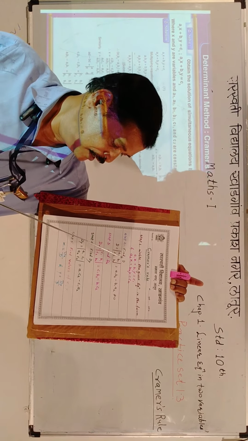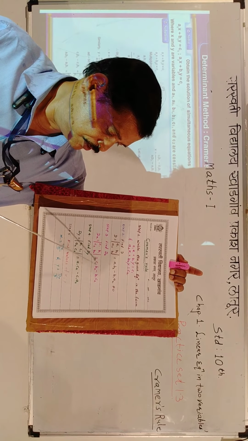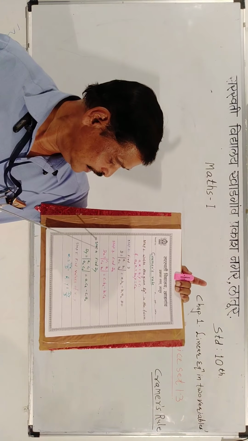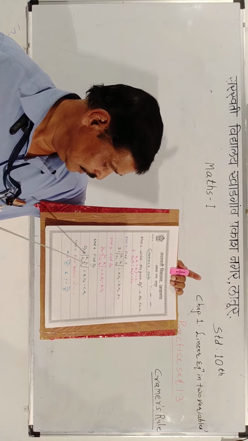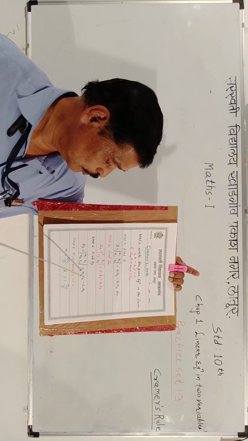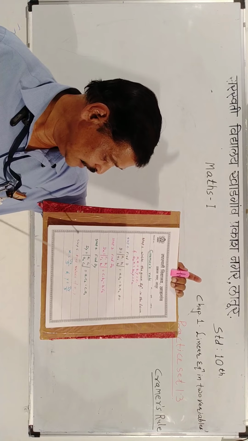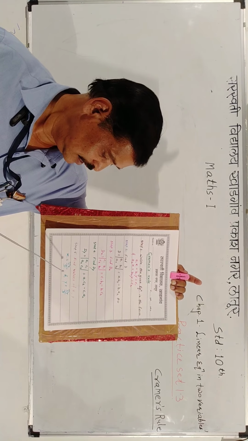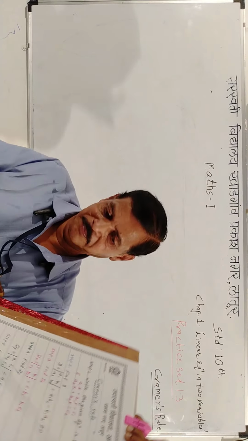Step second, find dx: C1 B1 C2 B2, that is C1 B2 minus B1 C2. Step 3, find dy: A1 C1 A2 C2, that is A1 C2 minus C1 A2. After that, find the value of x equal to dx divided by d and y equal to dy divided by d.